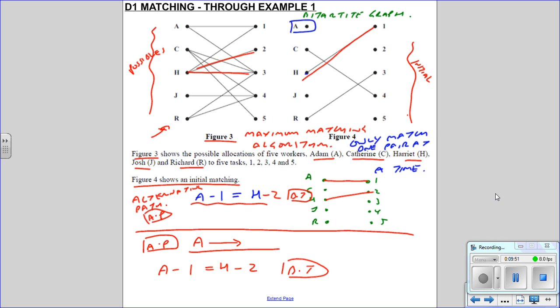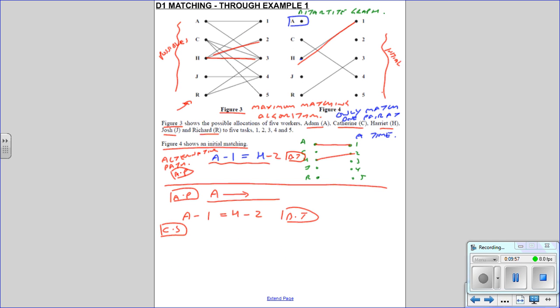Our algorithm's finished, and now we need to do what's called changing status. So change status means that now A isn't going to 1, A is 1, isn't it? Do you see? And H is now 2. So in other words, all the what look like equal signs and minus signs switch over. And now we have a new initial matching, because we're saying A is 1.